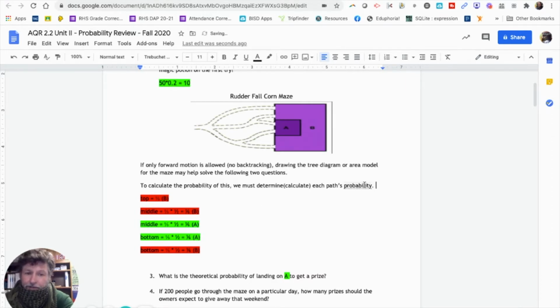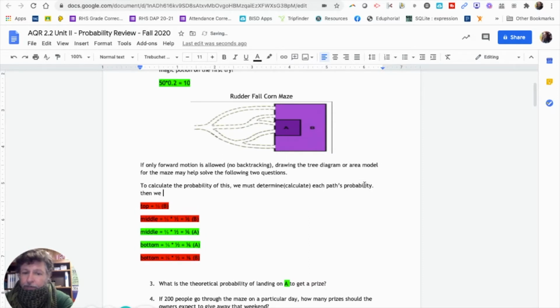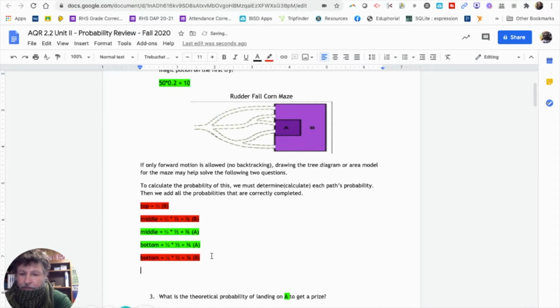Okay? Then, let me make sure I capitalize. Then we add all the probabilities that are the correct ones, the correct answer. Okay? So in this case, we have 1/6 and 1/6. So we're going to add these two together. 1/6.